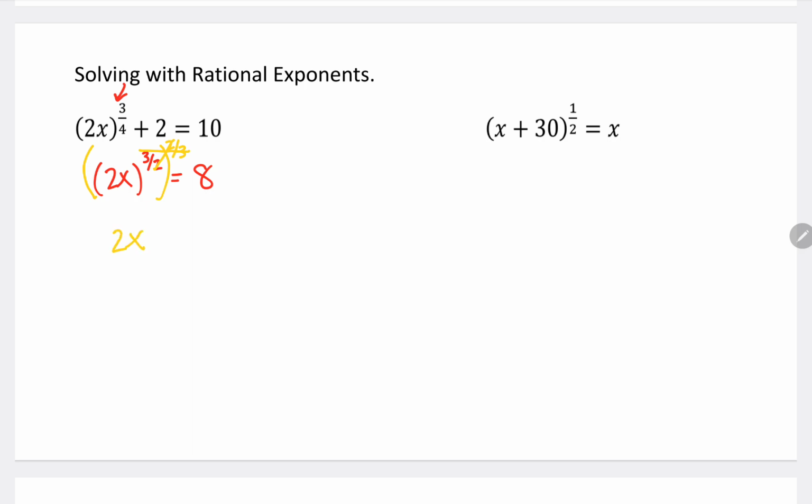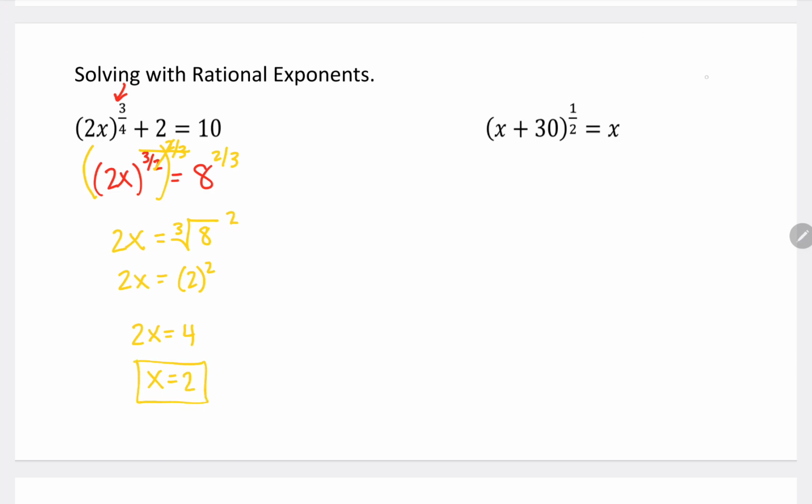But if we raise the left side of the equal sign to the power of 2/3, we need to do the same thing to the right side. And 8 to the 2/3 power is the same thing as the cube root of 8 squared, or cube root of 8 is 2. 2 squared is 4. So I have 2x equals 4, which means that x equals 2.